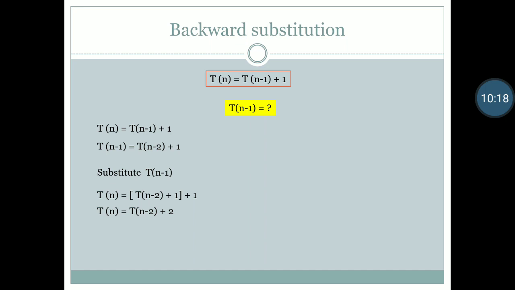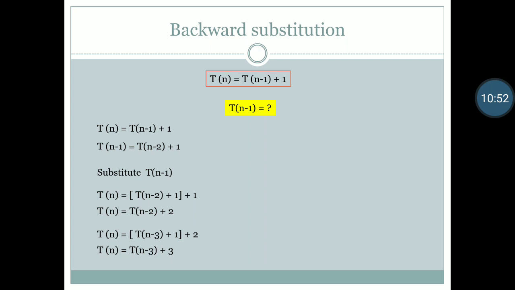Again, we can substitute our Tn minus 2 as we substituted Tn minus 1. If we substitute Tn minus 2, it will become Tn is equal to Tn minus 3 plus 1 plus 2. So it will become Tn minus 3 plus 3.